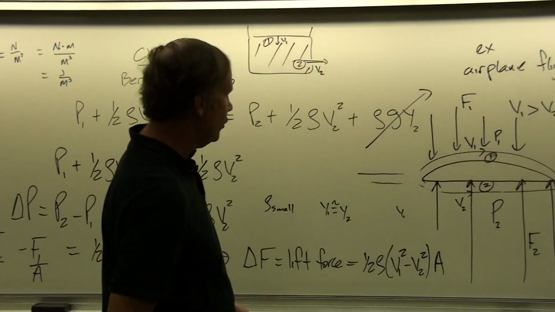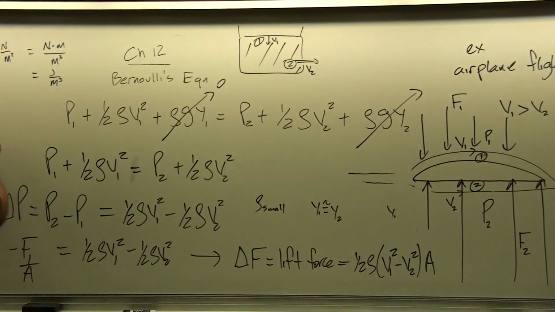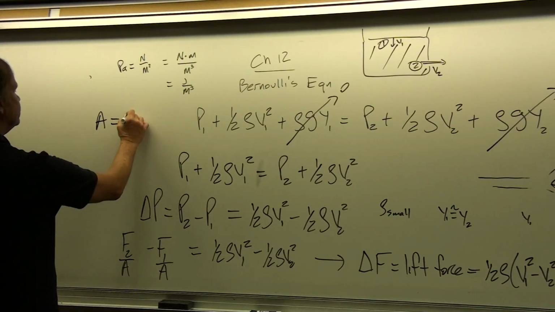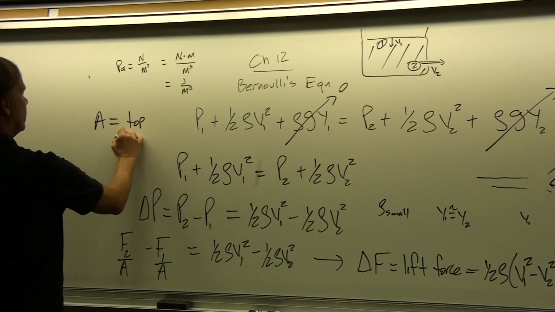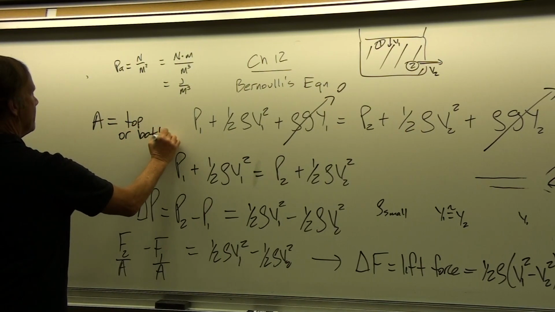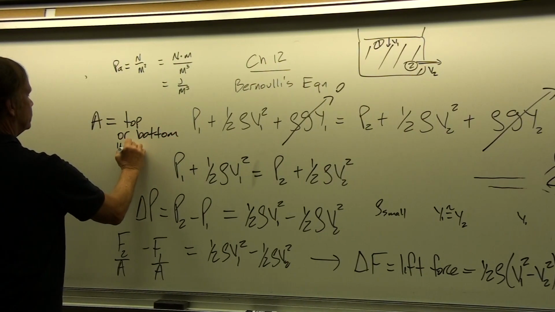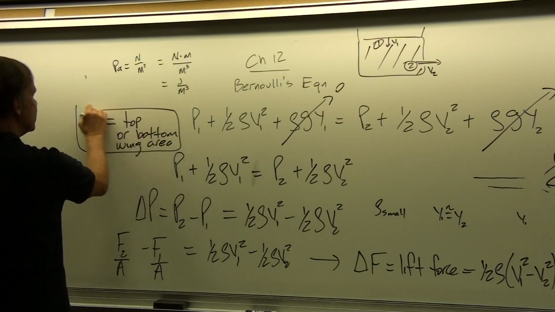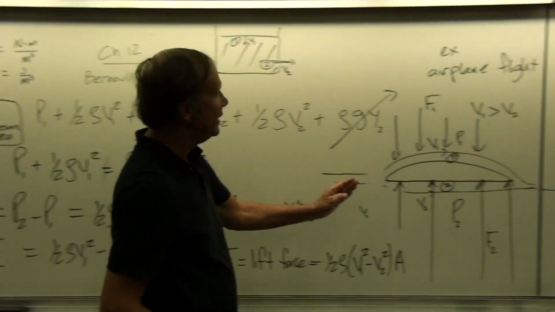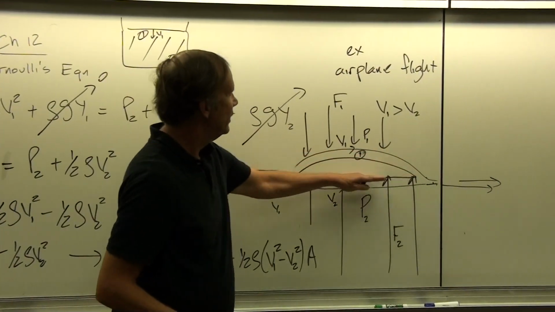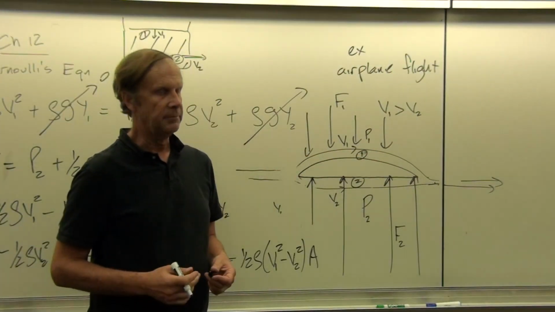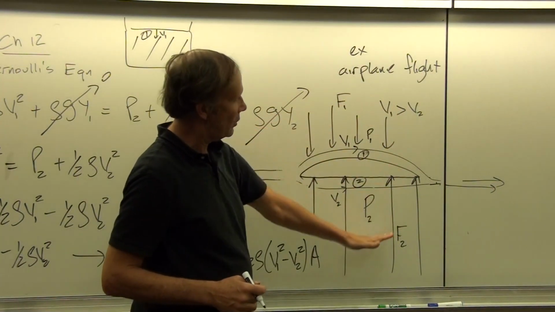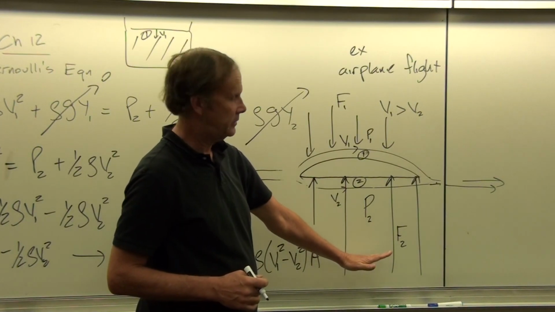Now, is this the total wing surface area? No. A is either the top or the bottom wing area. But not both. And more specifically, because you can see here from this curvature that the areas would not quite be the same. What we're really talking about here is the shadow of this area onto some surface.